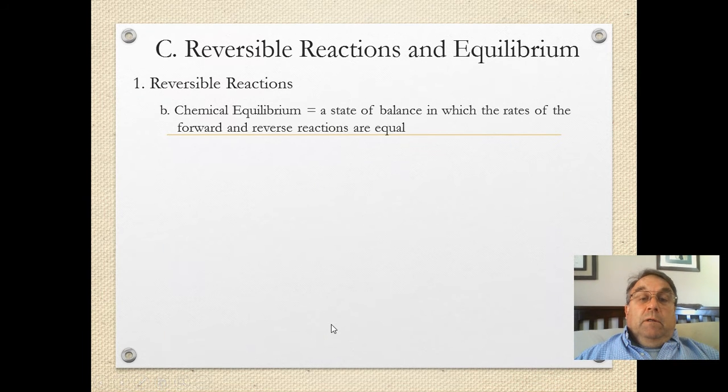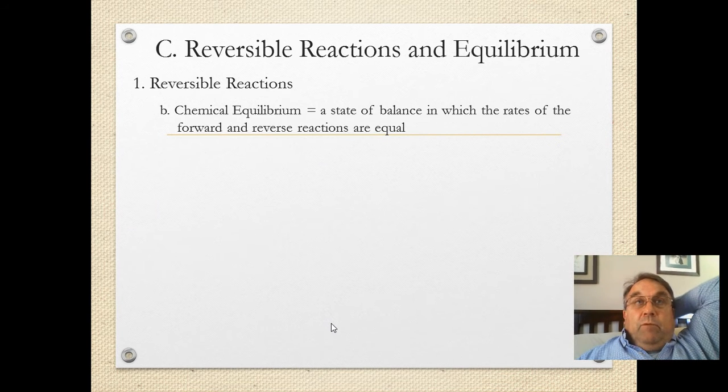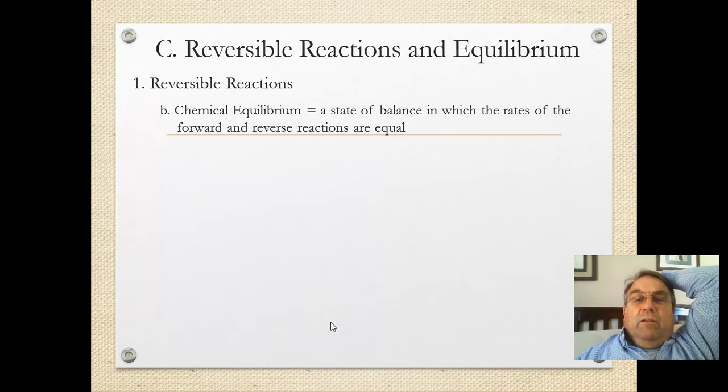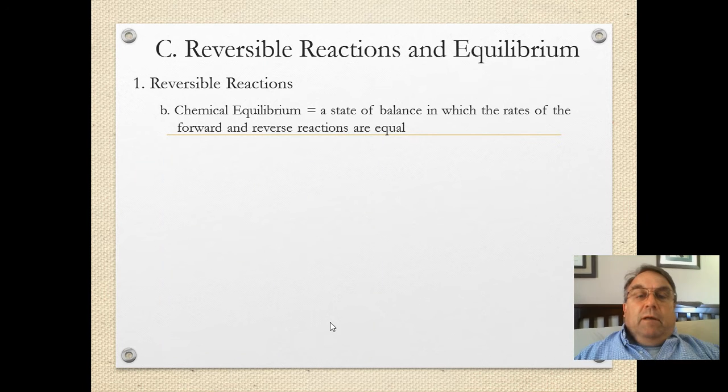Okay. So what is equilibrium? Well, if you look at the reaction casually, it would look like the reaction has stopped, but it's actually a dynamic equilibrium. It's a state of balance where the rate of forward reaction and the rate of reverse reaction are equal. So when an equilibrium occurs in any process, you want to be thinking, what is equal?